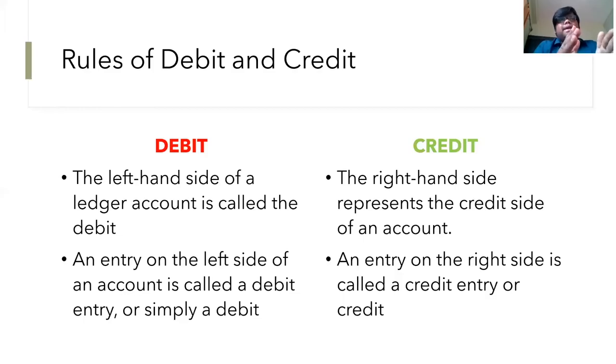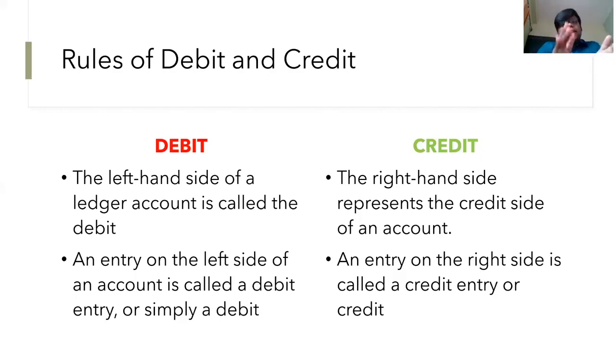Also, we keep addition to any assets or addition to expenses or reduction in liabilities and capital. We also keep the reduction in income and revenue. So things that are added in assets and expenses are kept on the debit side, while the reduction in liabilities and capital or income and revenue are also kept on the debit side.